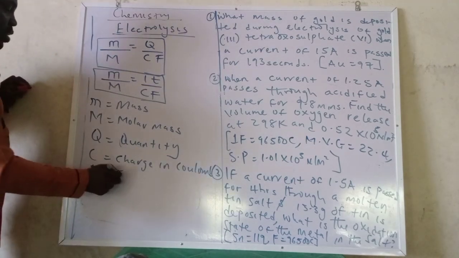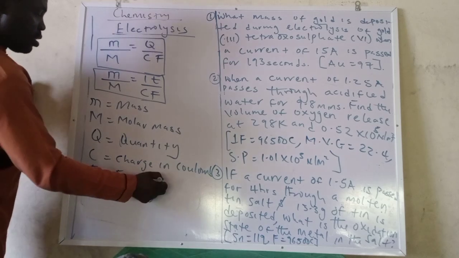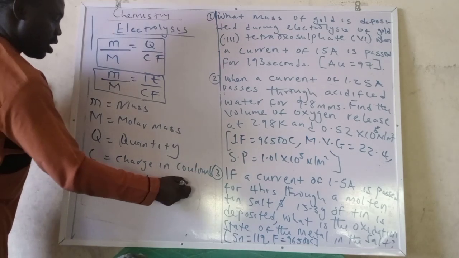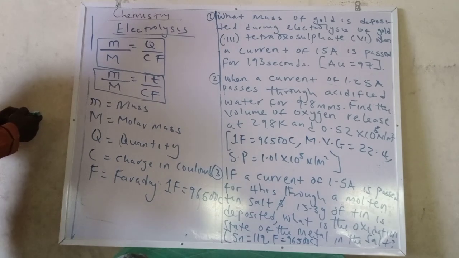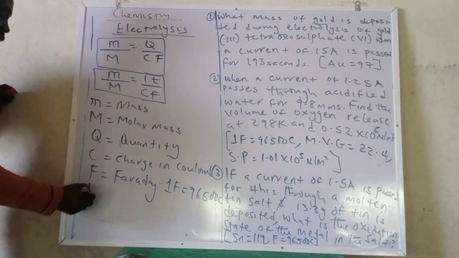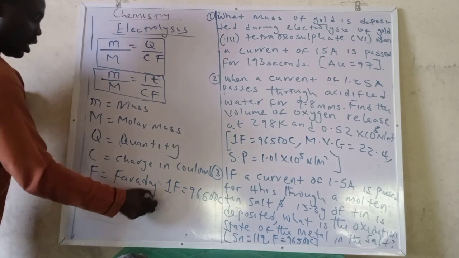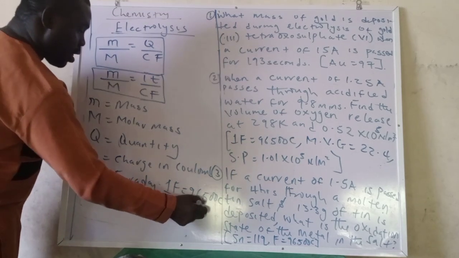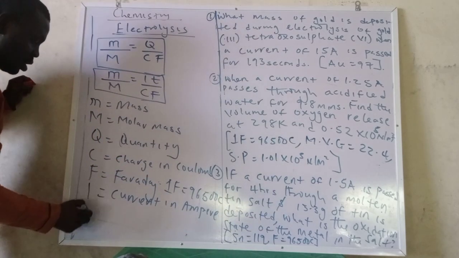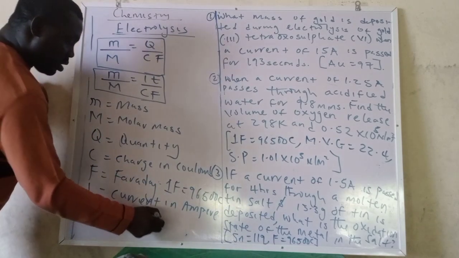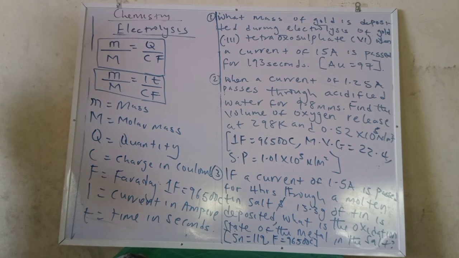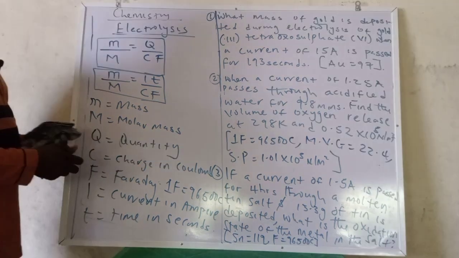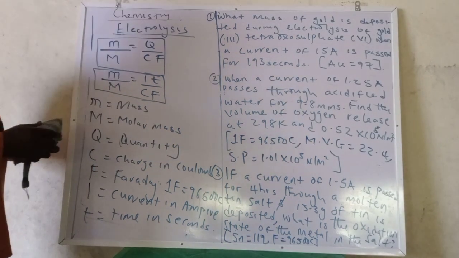F refers to Faraday, and 1 Faraday is 96,500 coulombs. I is the current in amperes, and T is the time in seconds. Any question? Is it very clear? Yes, sir. Very. Now, we cannot solve questions now.